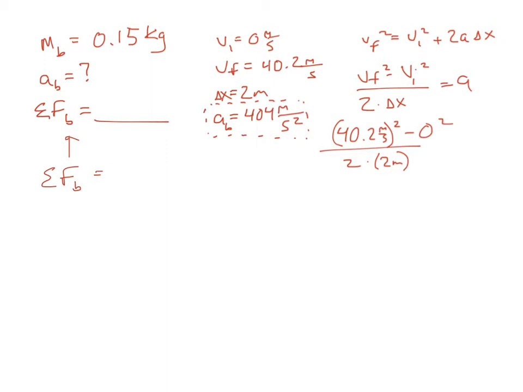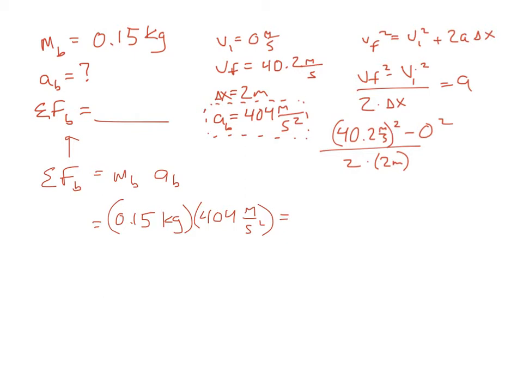So that's going to be the mass of the ball times the acceleration of the ball, which we just calculated. All right, so that's going to be 0.15 kilograms times 404 meters per second squared.